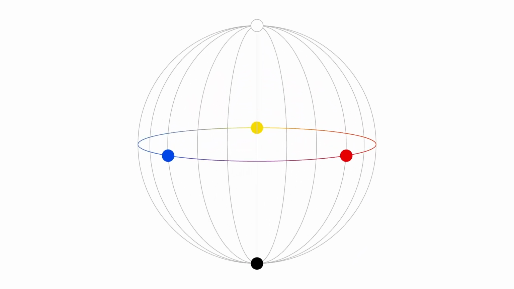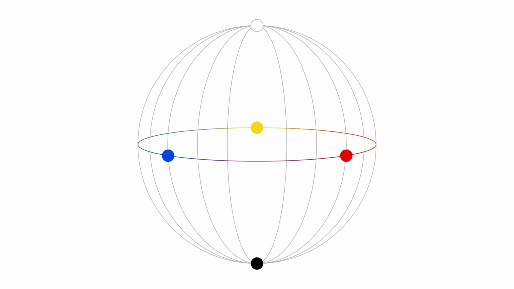So taking this a step further, we've got the colour sphere. You can think of it like the Earth or a planet. You've got the equator, and around the equator we've got our colour wheel that we saw before. We can see here we haven't got all the colours, but we've got the primary ones, blue, red and yellow. The secondary ones will be on there as well, but for simplification of this diagram we've just got the three primaries.